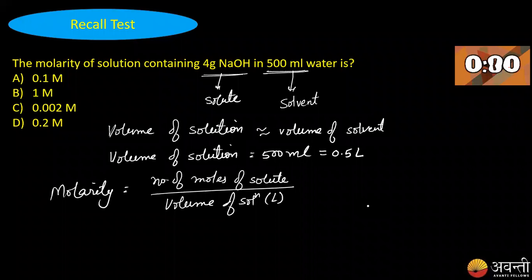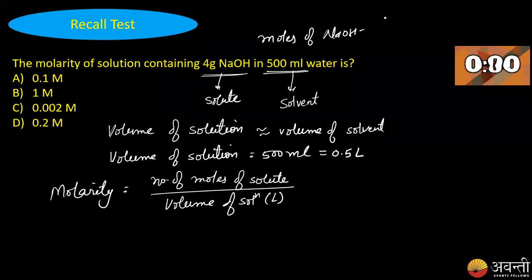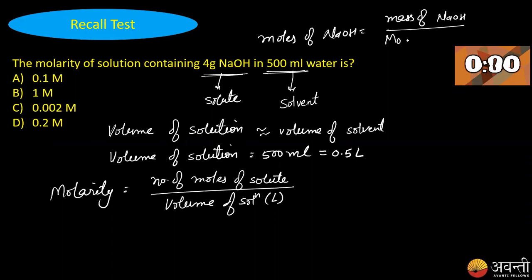If we can write it like that, then we have to calculate the moles of solute. So moles of NaOH is equal to mass of NaOH divided by molar mass of NaOH.